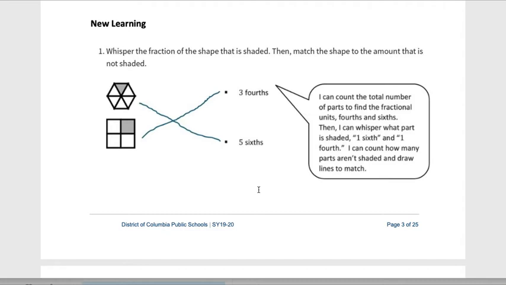We see it's fourths and sixths. Then I can whisper what part is shaded. So we see it's 1/6 and 1/4. Then I can count how many parts aren't shaded and draw lines to match. So we see the parts that are not shaded, or the parts that are white, are 3/4 and 5/6.